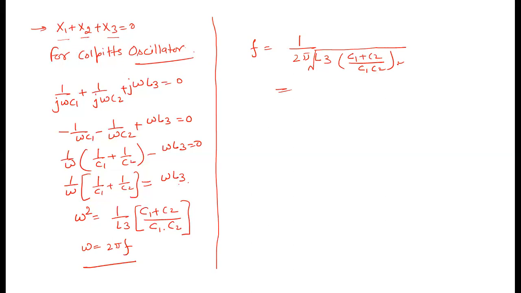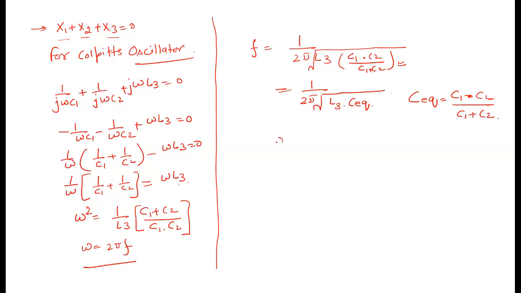Here we have some error: C equivalent is equal to C1 into C2 divided by C1 plus C2.